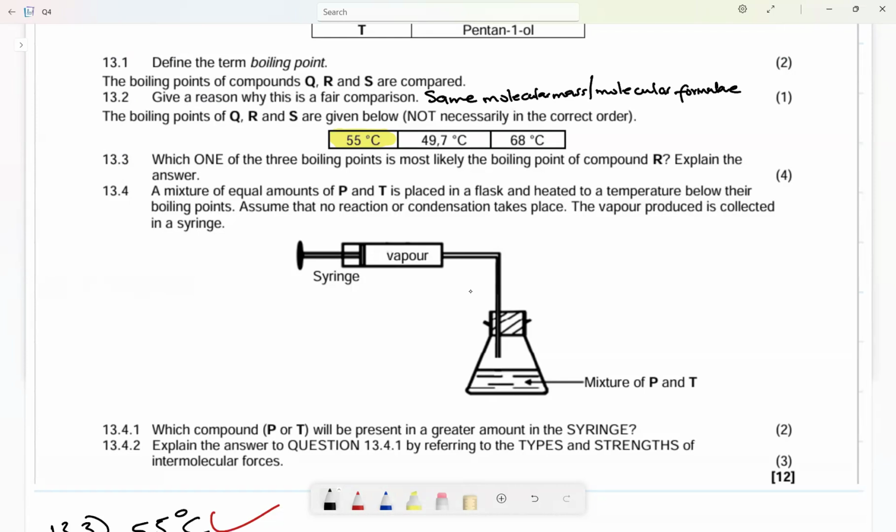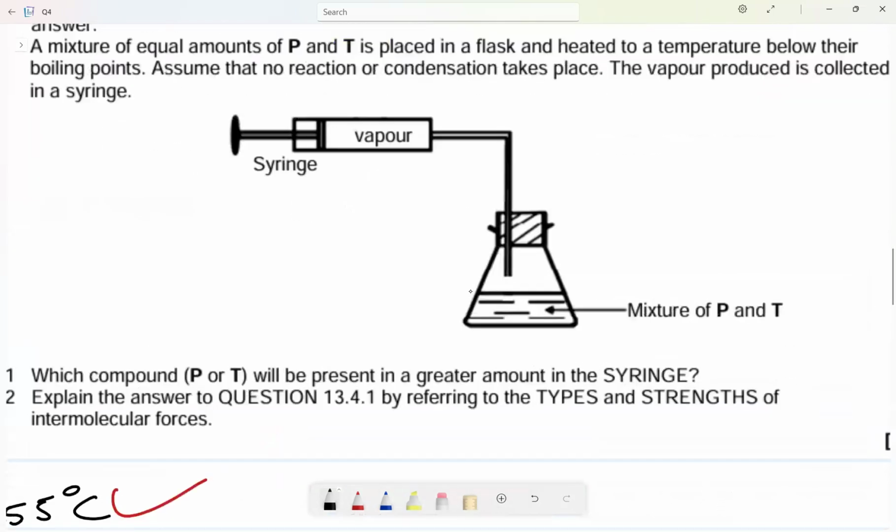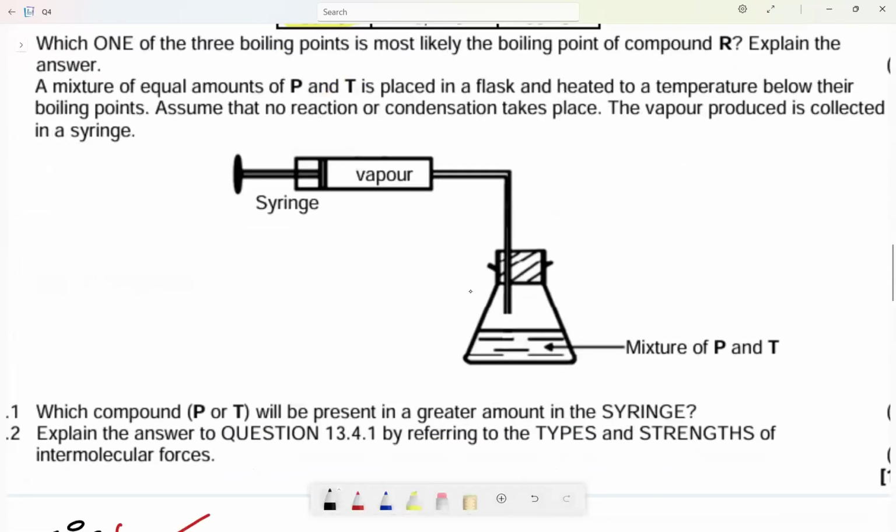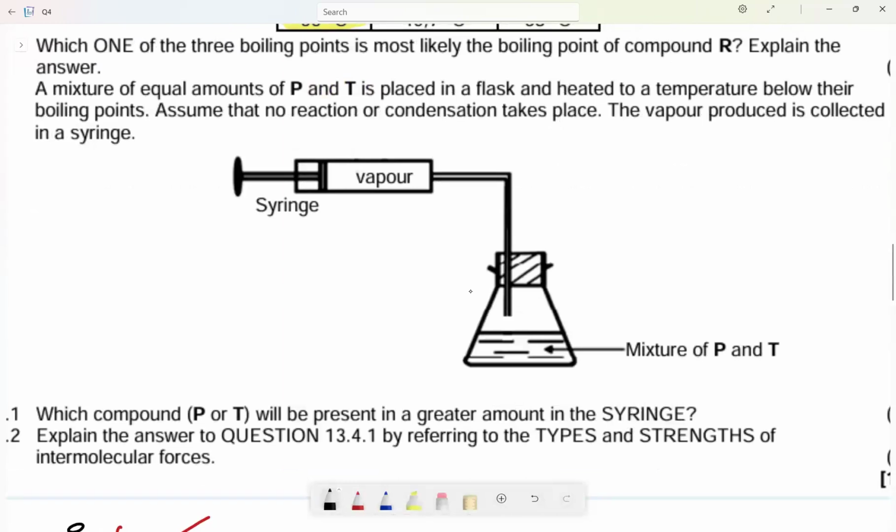The vapor produced is collected in a syringe. So now they are collecting the vapor. Which one will have the highest vapor? The one that has a lower boiling point, right?